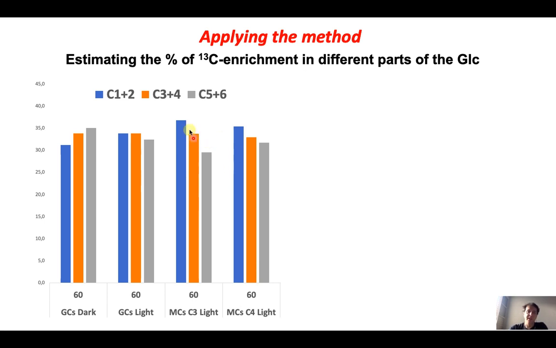You can see that in both leaves, in Arabidopsis and also maize, the higher percentage is in C1 and C2, and in guard cells it's the opposite. So in the dark you have higher C3, C4, and C5, C6, and you cannot see that difference in the percentage of C1 plus C2 compared to C3 plus C4.